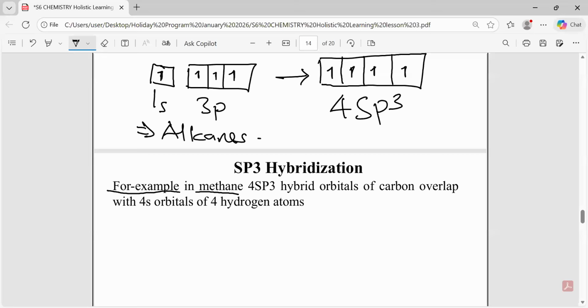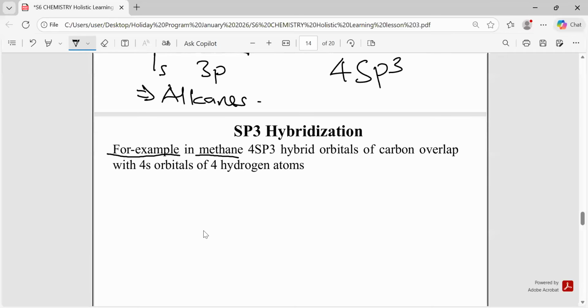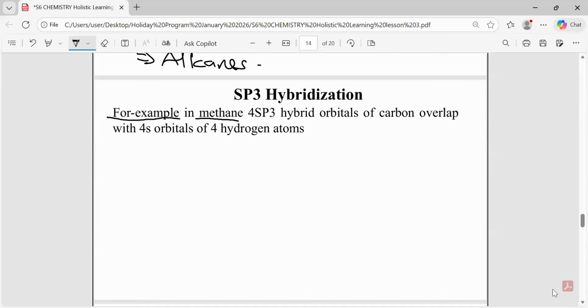The 4 sp3 hybrid orbitals of carbon are going to overlap with the 4 s orbitals of 4 hydrogen atoms, forming a sigma bond between the carbon and the hydrogen. So when we bring our hydrogen atoms, each is going to bring one electron, bonding into each of the sp3 hybrid orbitals.